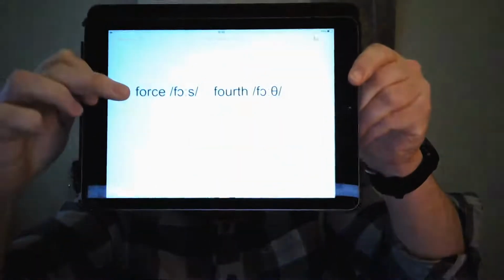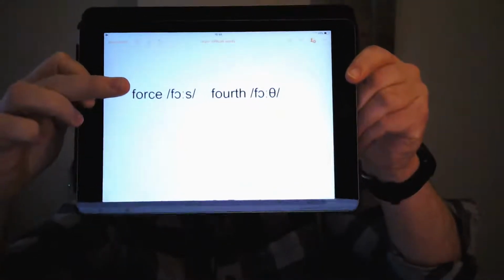And people sometimes try to eat their tongue or bite their tongue or something when they're saying that. But that's the difference, because when you say force, you can see my tongue is all the way back in my mouth. Yeah. But with fourth, it finishes here, right between my teeth. Fourth, fourth. So we have force and fourth.